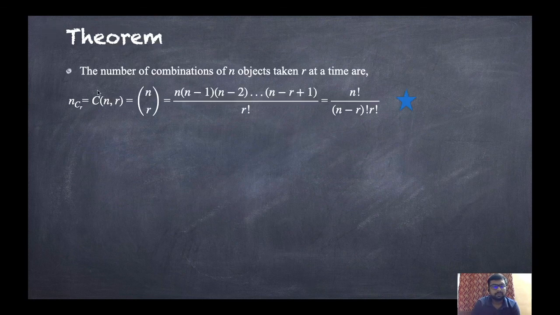So out of 3, there will be 6 permutations for arranging 2. Now in the same example, there are 3 letters A, B, C, and we want to find the combination of 2. So it will be 3C2, which is 3 factorial upon 3 minus 2 factorial into 2 factorial. So it will be 3 factorial upon 2 factorial, that means 3. So the permutation is 6 and the combination is 3.